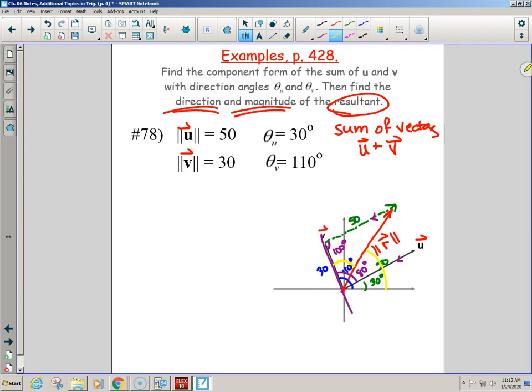I need to get this little dude, and I don't see anybody that could find him except for solving the triangle. Right? I need to solve my triangle to get this little guy. Once I solve this little guy, I can subtract that from 110 to get this guy, and I have my magnitude and my direction.